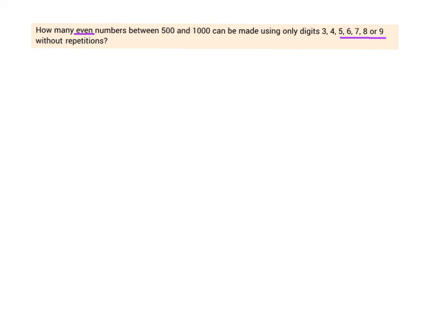So the first case is if it begins with an even number. So begins even. And the two numbers among 5, 6, 7, 8 or 9 that are even are 6 and 8.